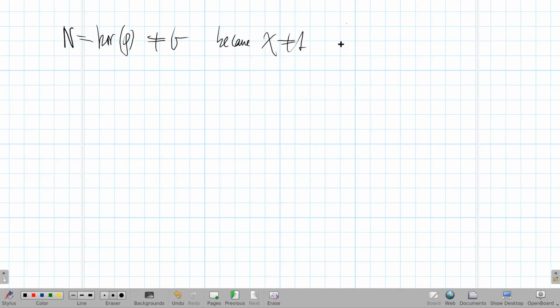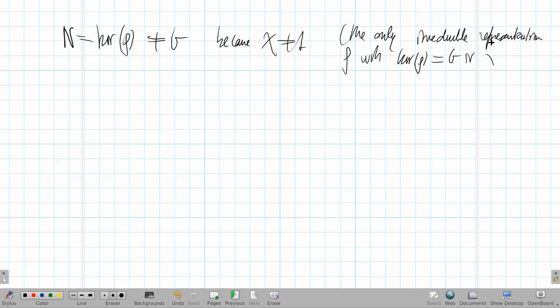Okay, so the only representation rho with kernel of rho equal to G is the trivial one, the one with character 1.